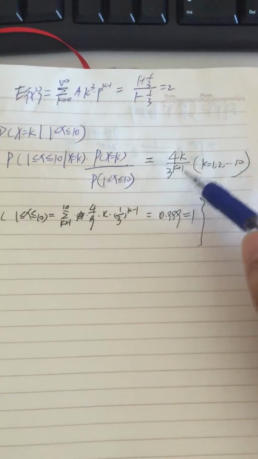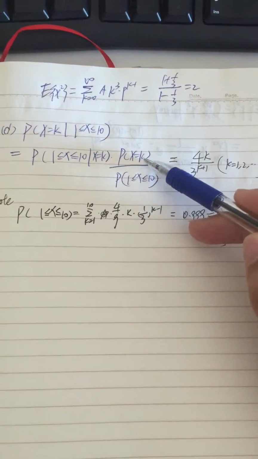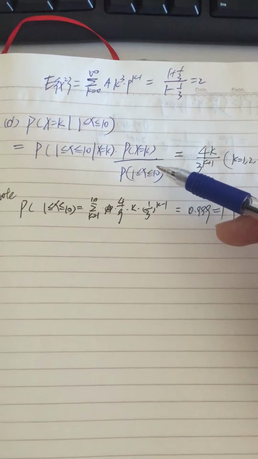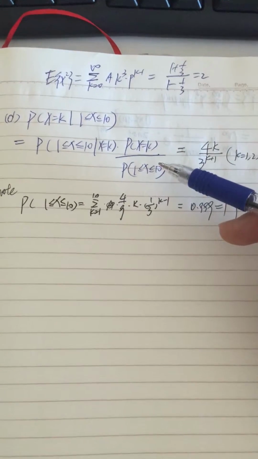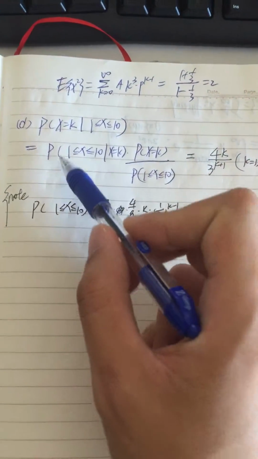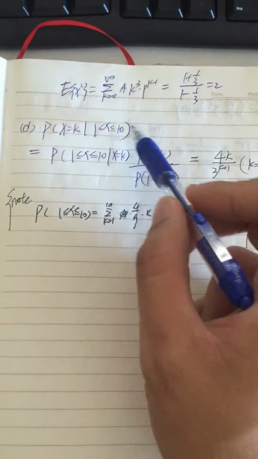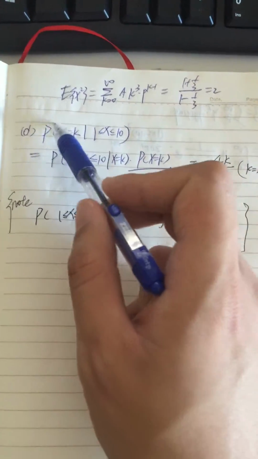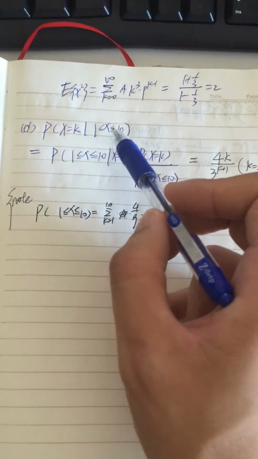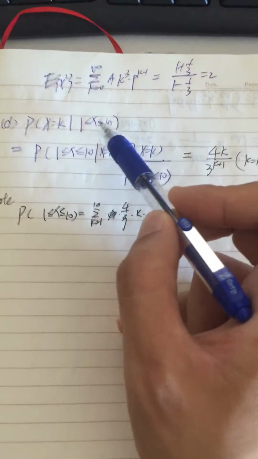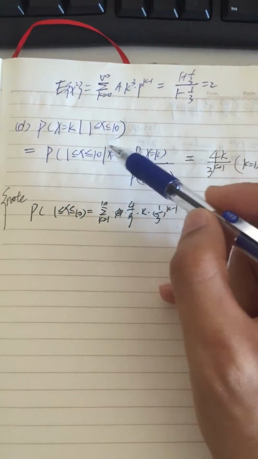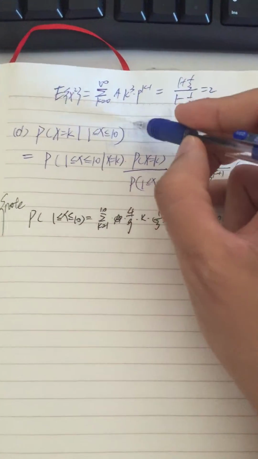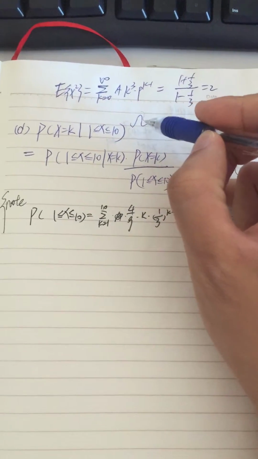Don't forget about this. For this part, we know the probability is equal to 1, which means that for this conditional probability, we can consider this as the full set, omega.